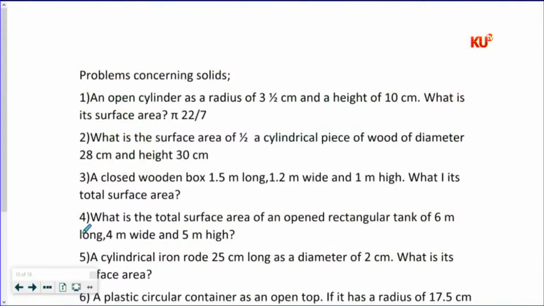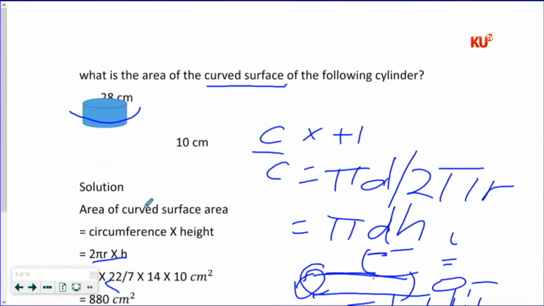But what about in a case we are given a cylinder, and then we've been told that this cylinder is open on the top? It is open. This is not there. The formula we use will say we'll have the area of the bottom part.